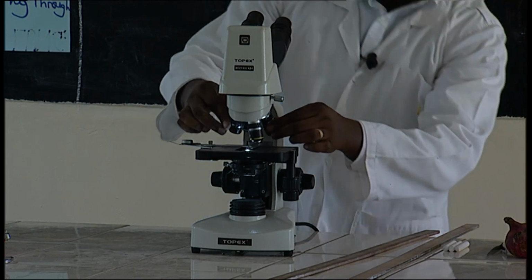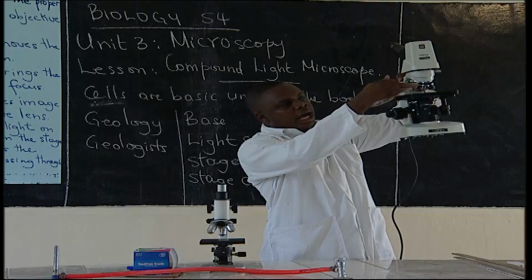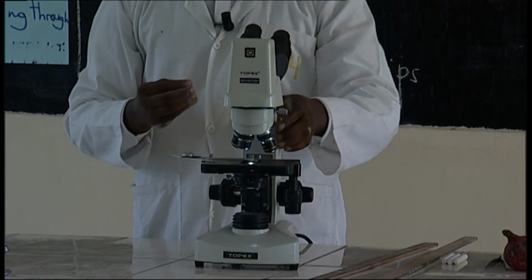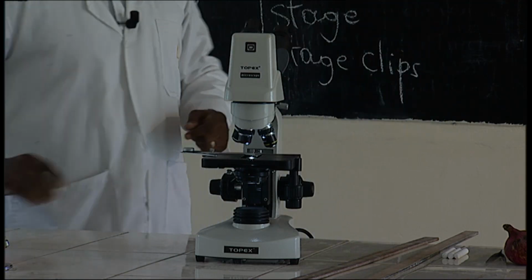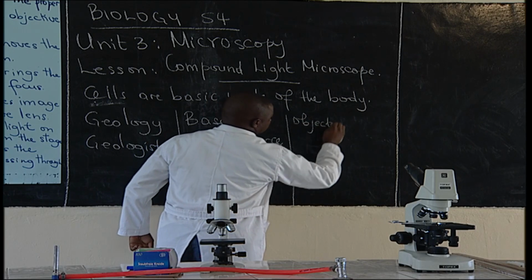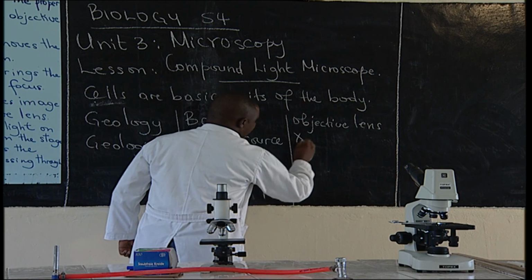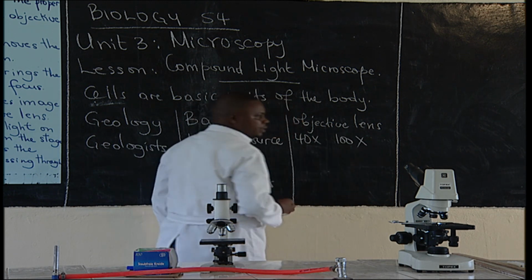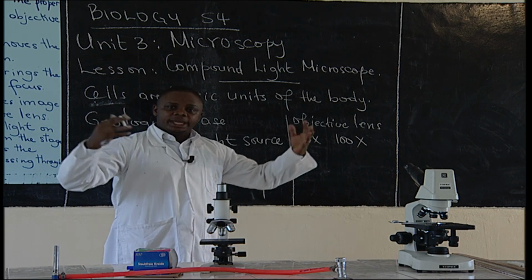You can see here we have 4 of them. They are different in size. These are objective lens. Even the capacity to make the specimen big is different, because on some of them you see there times 40, or we can say times 100, and so on, which means the capacity to make the prepared specimen big is different.